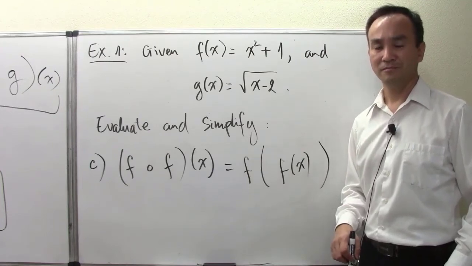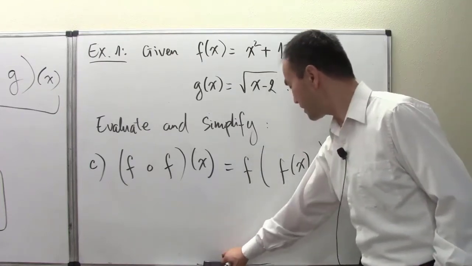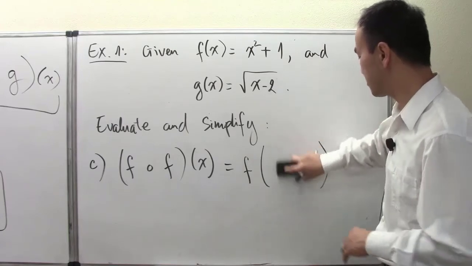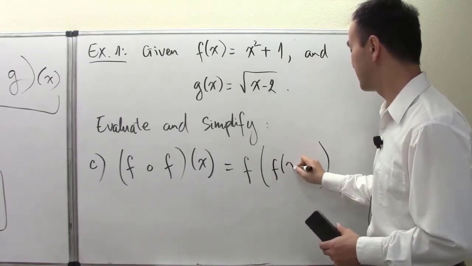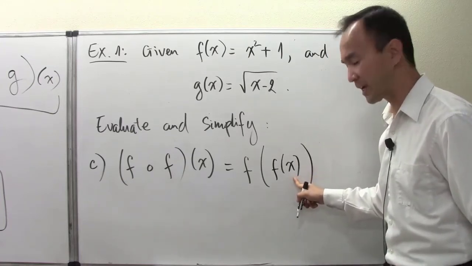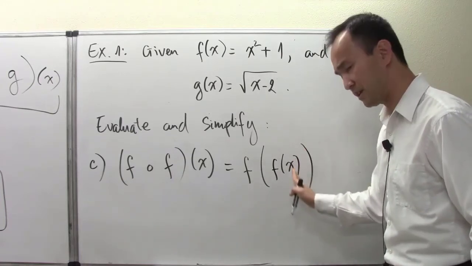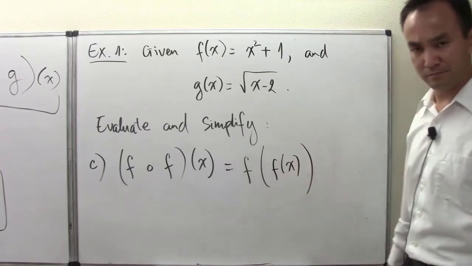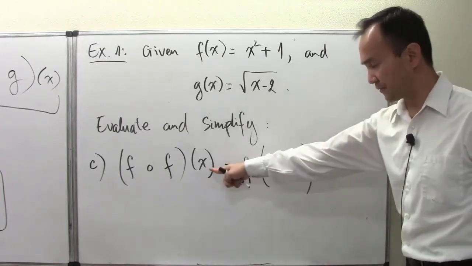No big deal, no problem. F of F. This final input is in the innermost parentheses, that's why it's the final input.